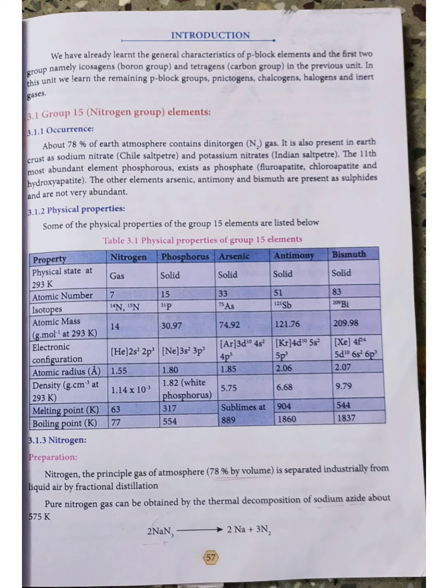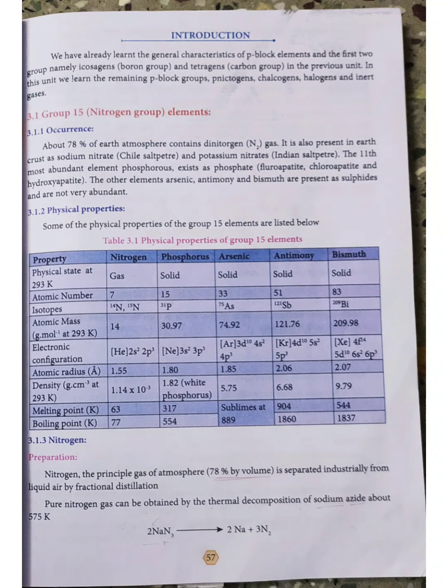Now, in this group 15 family, occurrence. You know already, about 78% of Earth's atmosphere contains nitrogen gas, N2, that is dinitrogen gas. It is also present in Earth's crust as sodium nitrate and potassium nitrate.